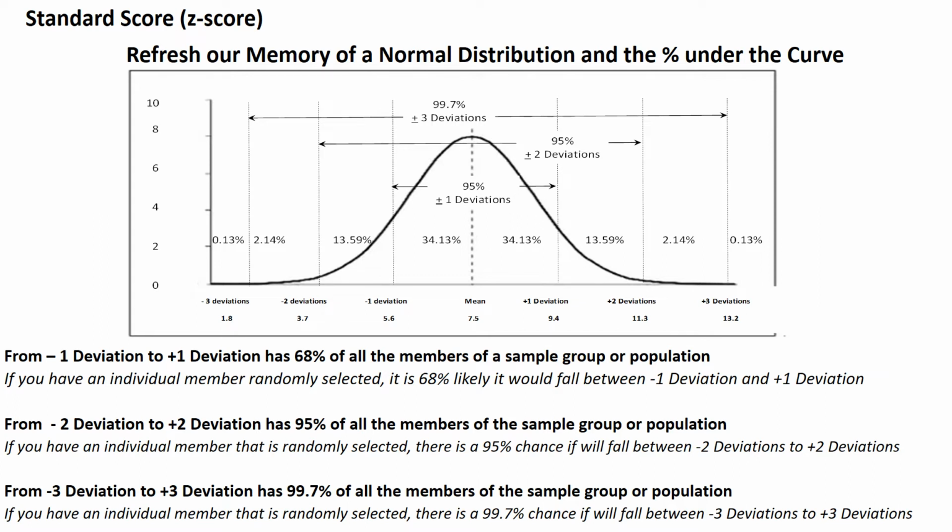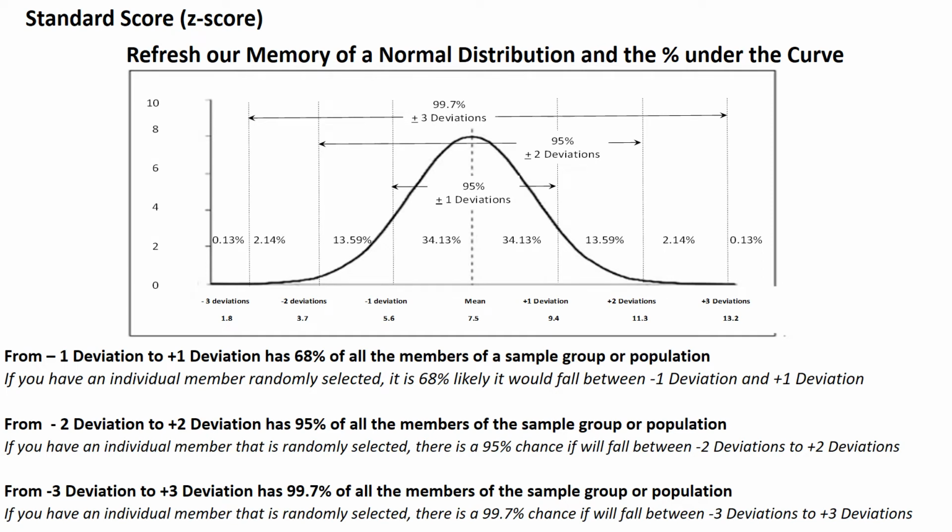Now, let's talk about normal distributions. This is a bell curve. The data under this curve is 100%. All the data, if we did a sample here, how many would it be? 100%. Now, from -1 deviation to +1 deviation, that is 68%.